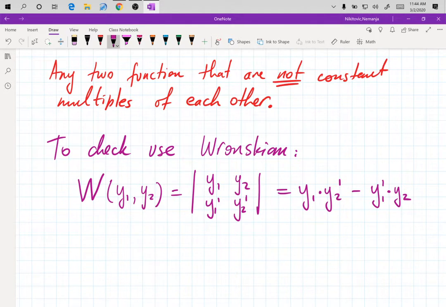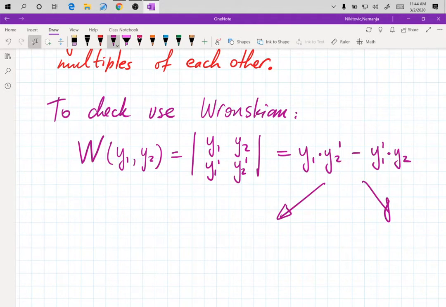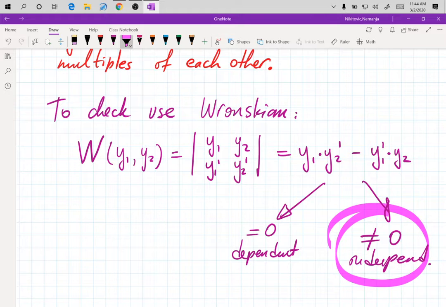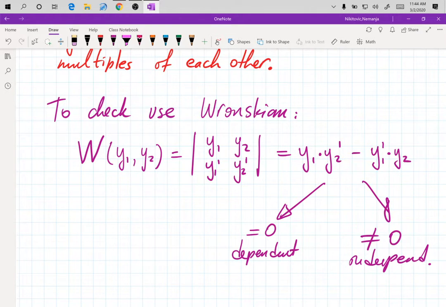So we can have two cases: equal to 0, dependent; not equal to 0, independent. And that's the one we want. Independent solutions. Remember, we need 2 solutions for the second order, and later we'll need 7 solutions for the 7th order in the next lecture.